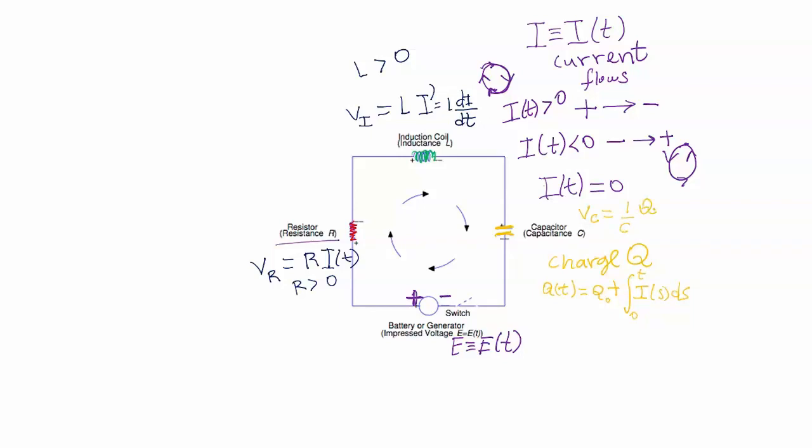So we have defined the voltage drop V sub R at the resistor, V sub I at the induction coil, and V sub C at the capacitor. We have defined these three quantities.